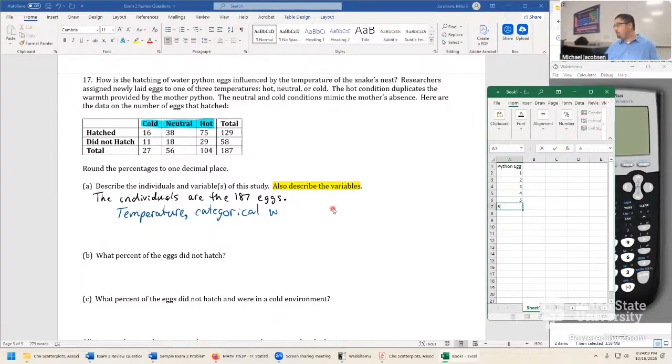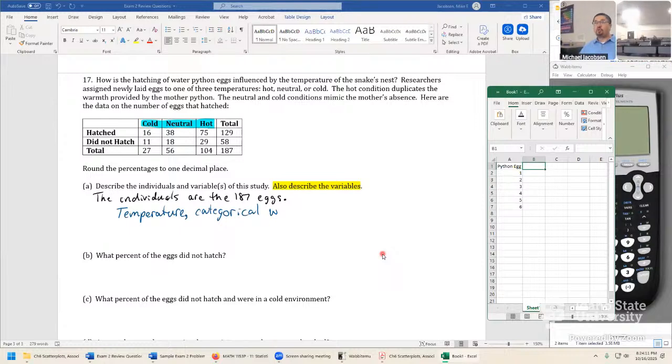Let's write down 4 up to 6 individuals. No, you're good. What messed me up was I thought we were going to have one of each. Oh, gotcha. The one of each is going to be more the chapter 4 when we're dealing with a box plot. In that case, you can have one that's quantitative and then another one that's categorical. Then the next column is going to be temperature.